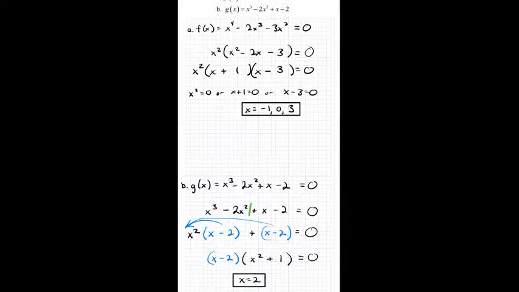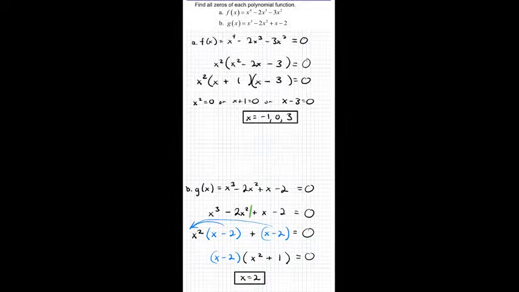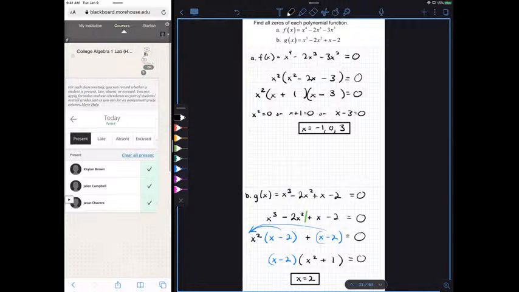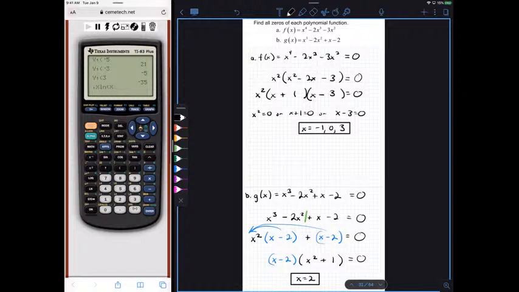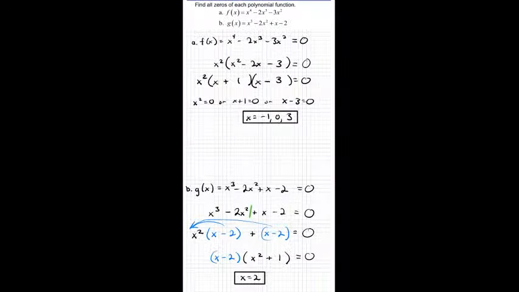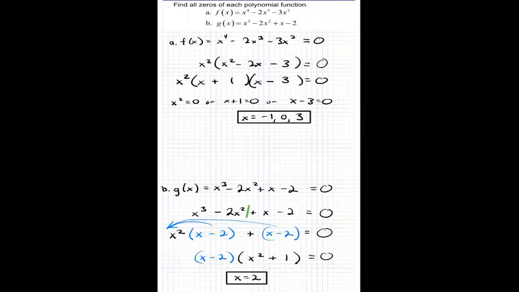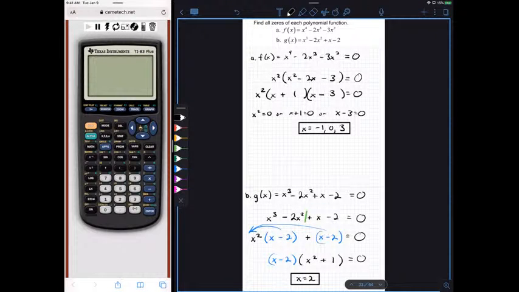What I'm going to do is use my graphing calculator to do so. Okay. So let's see how to check this in the graphing calculator.